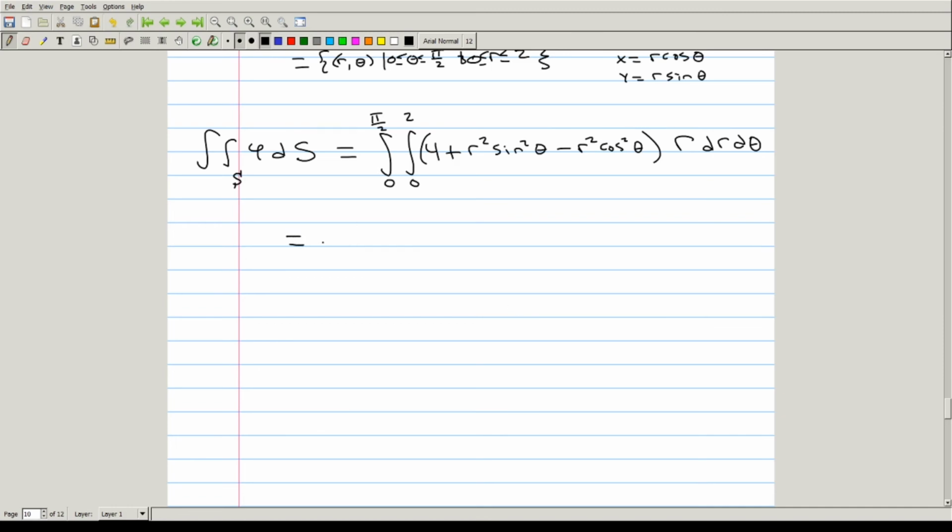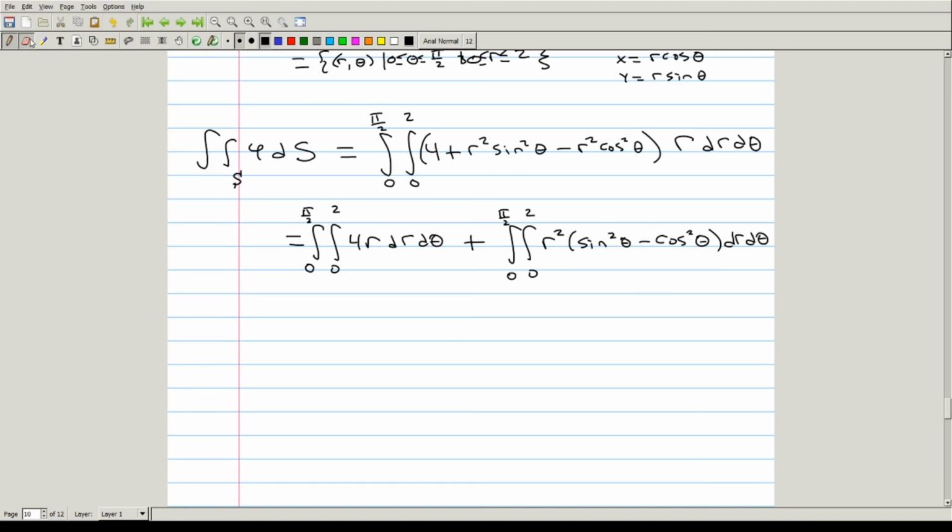So we go through, and this becomes, by linearity, the integral of 4 r dr d theta, plus the double integral from 0 to pi over 2, 0 to 2 of r squared times sine squared theta minus cosine squared theta dr d theta.